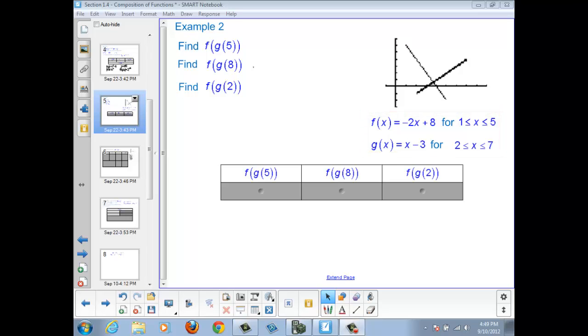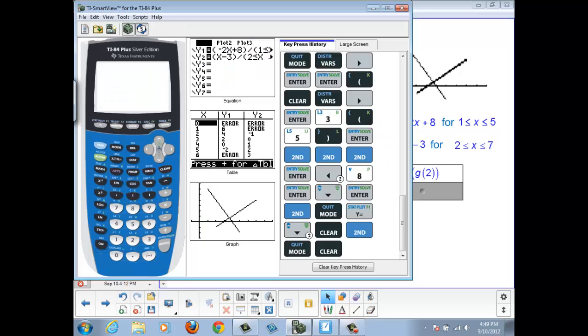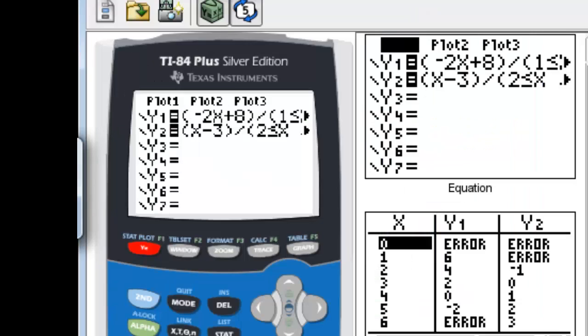So the first thing we need to do is get these two equations into our calculator. I've already done that, as you can see. So the first equation, y1, is f, and I've added the Boolean variables to incorporate the restrictions, the limited domain. G of x I placed in y2. Now, the function that we are actually trying to evaluate is f of g of x.